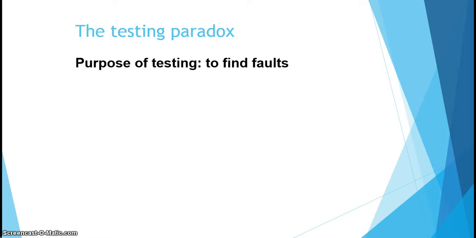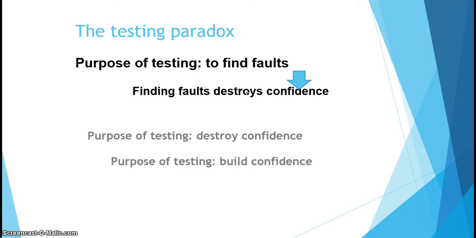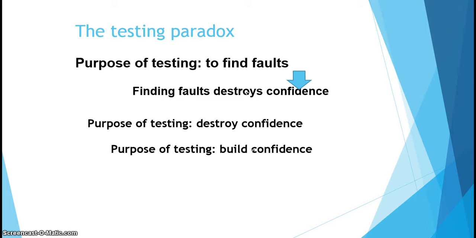What is the testing paradox which you are talking of here? What is the main purpose of testing? To find faults. Now if you find faults, it will destroy the confidence you have in an application. The question over here is whether the purpose of testing is to destroy confidence or to build confidence.